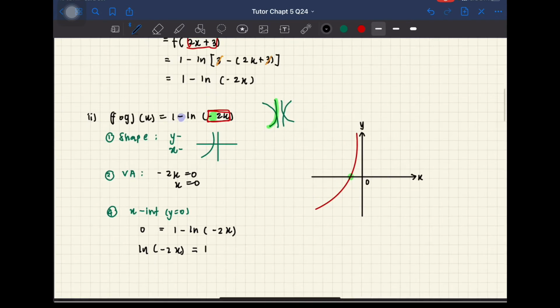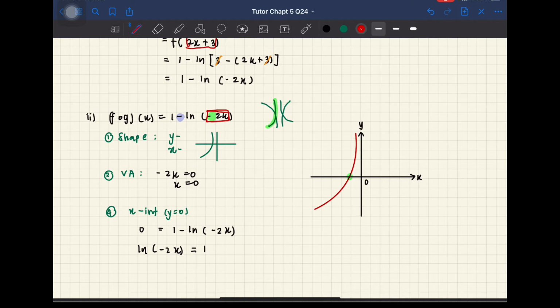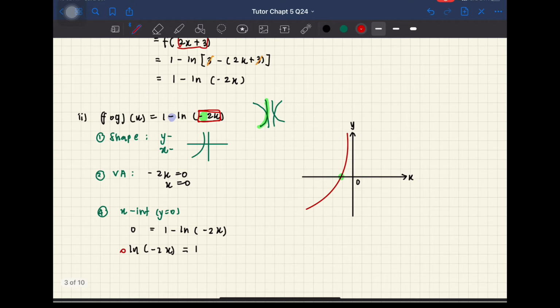Okay, so dekat sini kita nak hilangkan ln, so kita put exponential kat dua-dua belah. Okay, so awak akan dapat negative 2x is equal to e power of 1 is e. Okay, so x will be equal to negative e over 2. Okay, so dah siap.